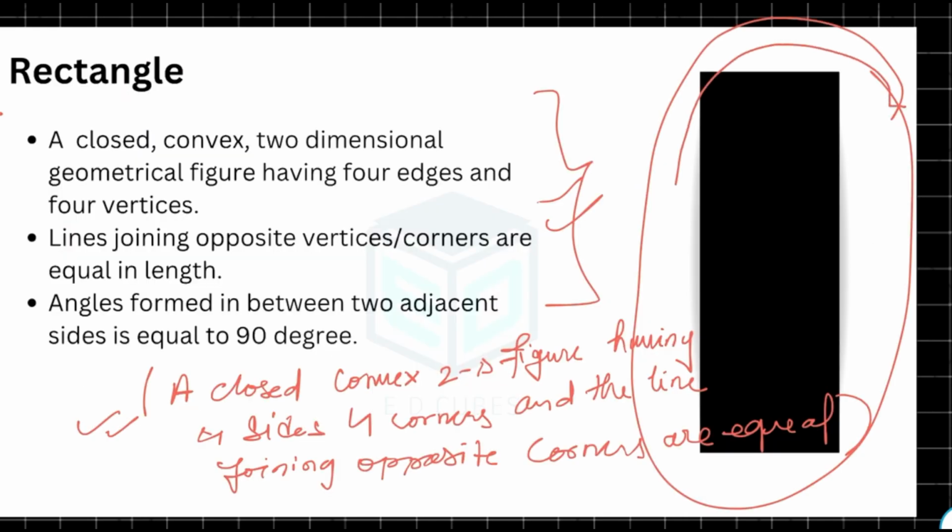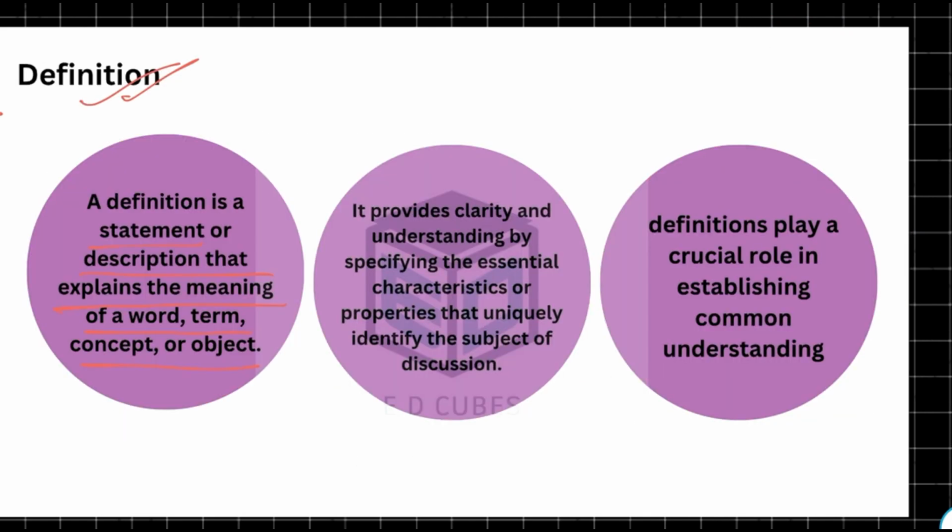We told everything which is combinedly going to be enough to visualize this image. Next, it provides clarity and understanding by specifying the essential characteristics or properties that uniquely identify the subject of discussion. That means it is providing us the clarity about what we are talking about or imagining. And the subject of discussion is obviously rectangle.